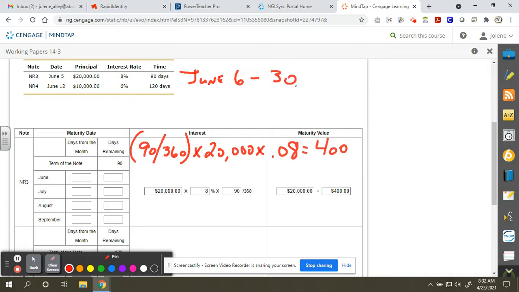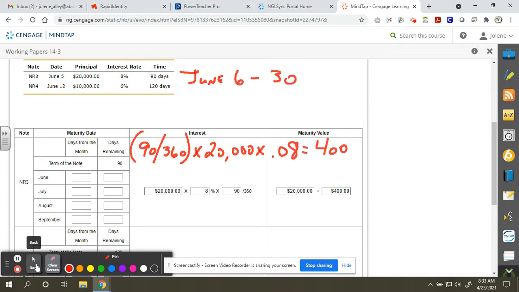You got to figure out how many days that is. Well, for me, I use my fingers. But it comes out to 25 days. Is that what you got? 6, 7, 8, 9, 10, 11, 12, 13, 14, 15, 16, 17, 18, 19, 20, 21, 22, 23, 24, 25, 26, 27, 28, 29, 30. 25 days.